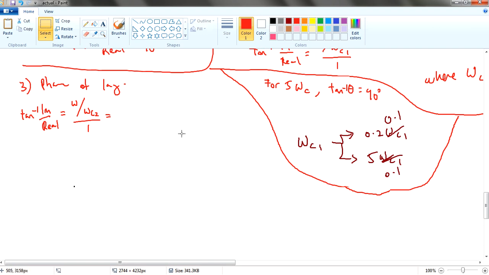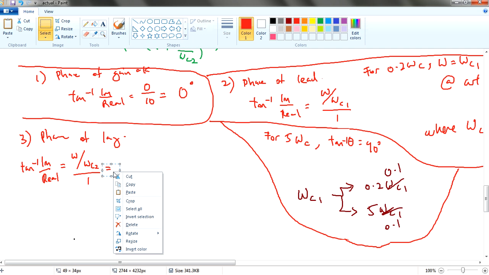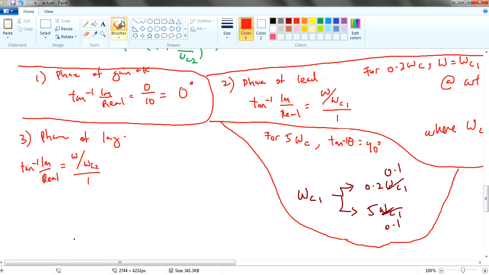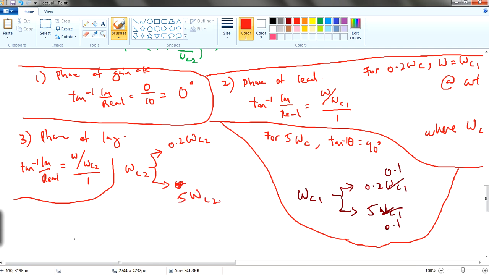So in this case, I need to plot out omega c2, right? Let's isolate this one. For omega c2, I need two different frequencies, 0.2 of omega c2 and 5 times omega c2. We're talking about omega c2, which is actually the lag, the phase of the lag, where omega c2 equals 10.